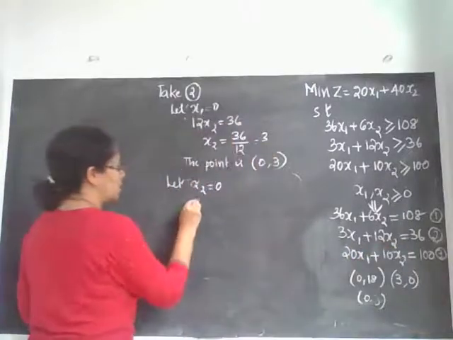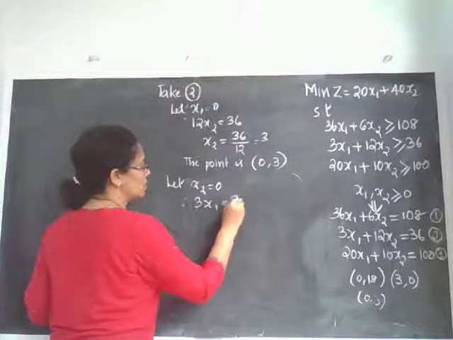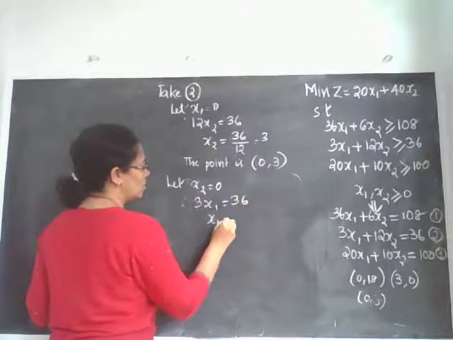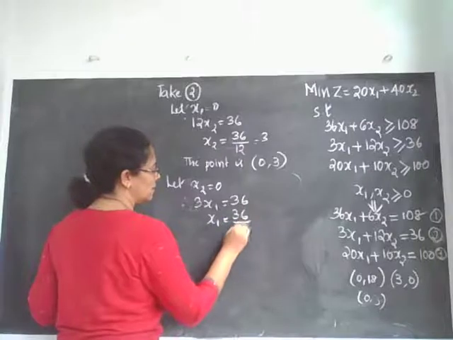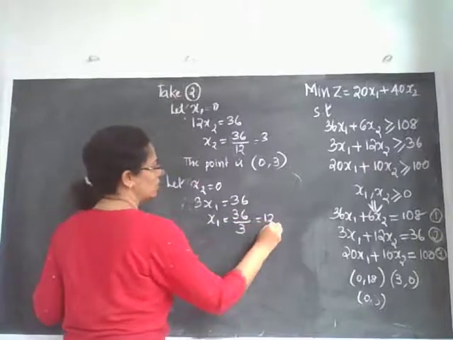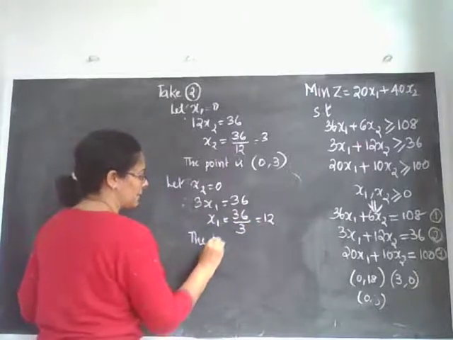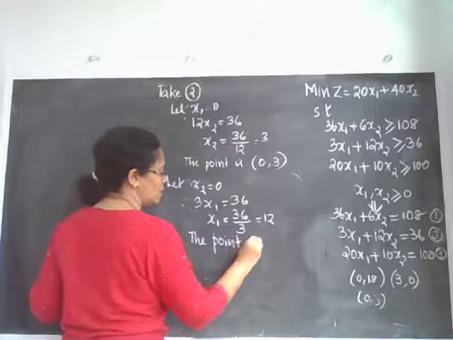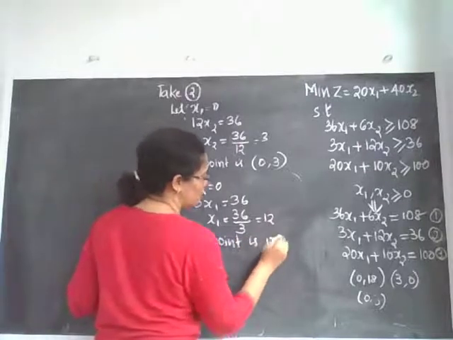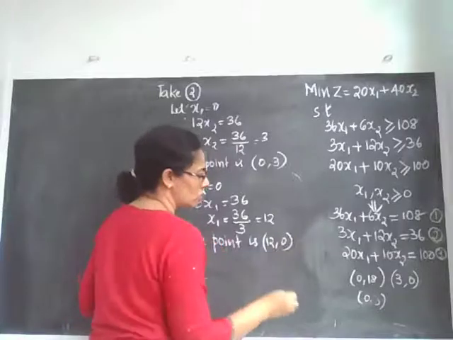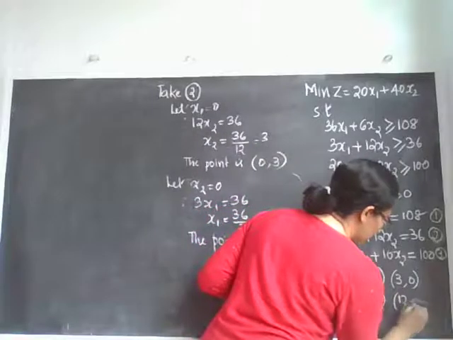So you have 3x1 equal to 36. So x1 equal to 36 divided by 3, which is 12. So the point is 12, 0.